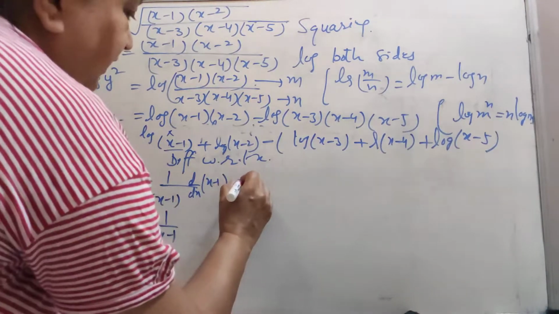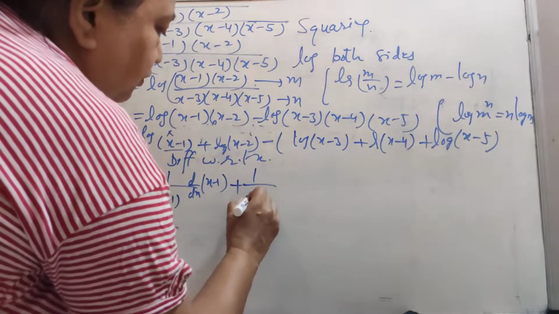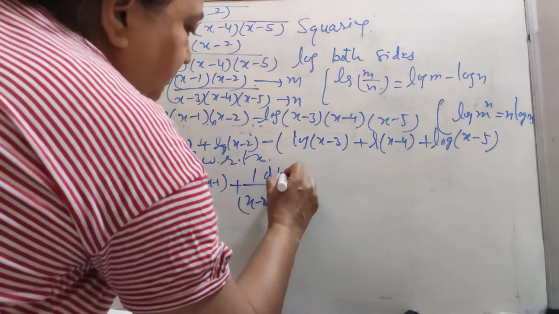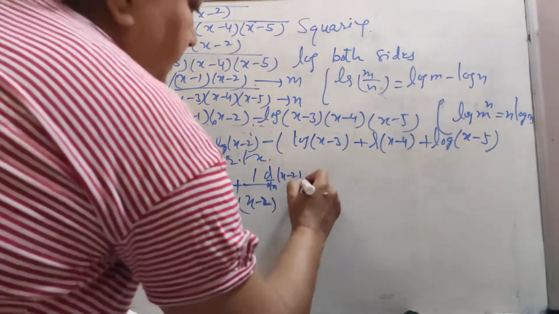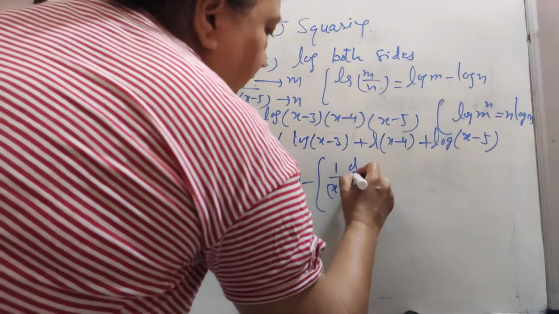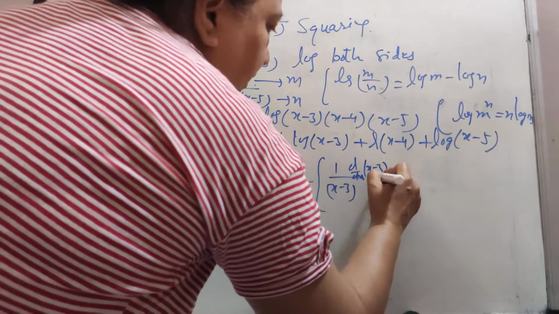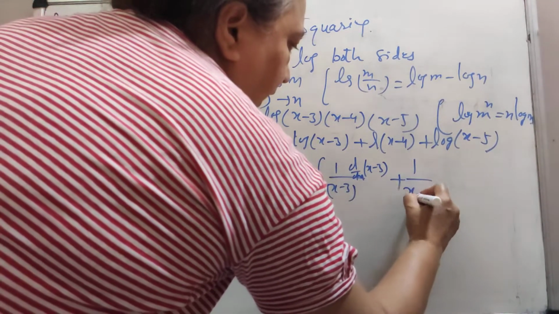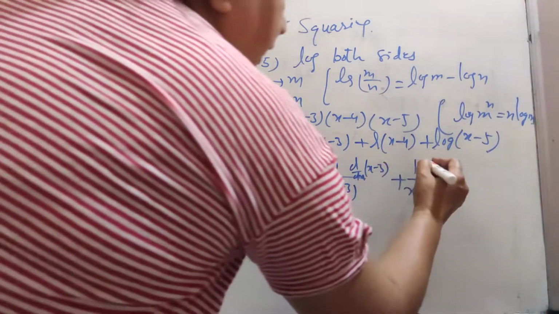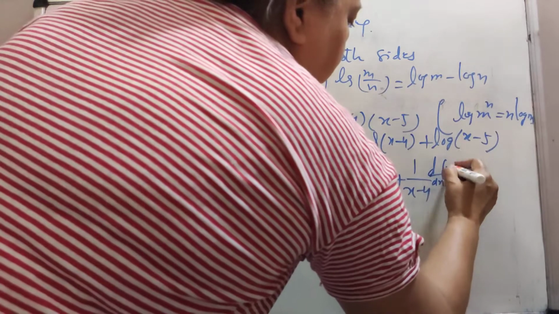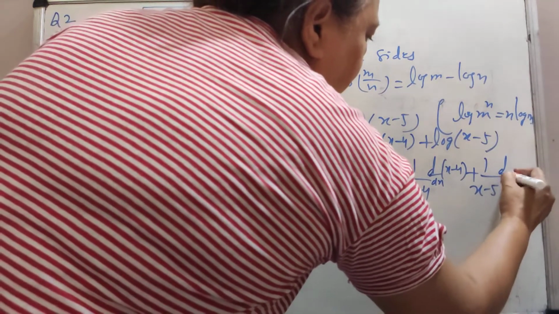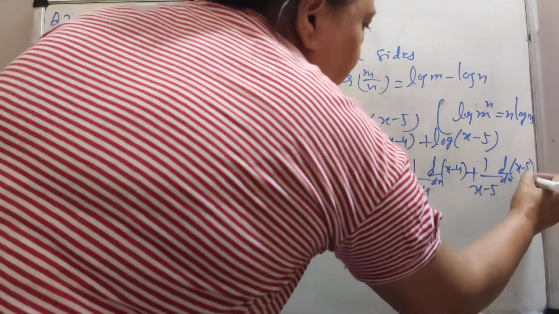So it means 1 over x minus 2 into the derivative of x minus 2. Again minus 1 over x minus 3 into the derivative of x minus 3, plus 1 over x minus 4 into the derivative of x minus 4, plus 1 over x minus 5 into the derivative of x minus 5.